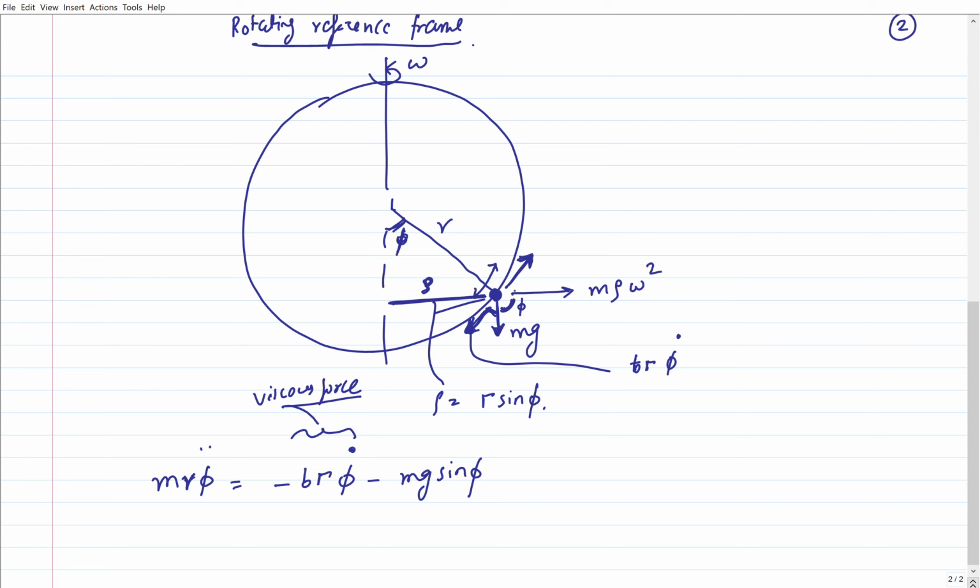And then I'll have the component of the centrifugal force in this direction, which gives me m rho omega square, and the angle is cosine phi.